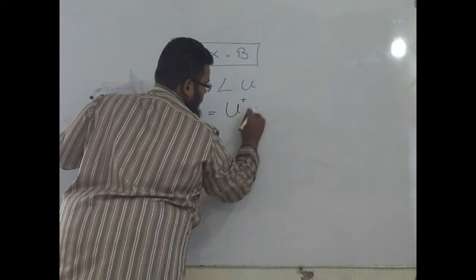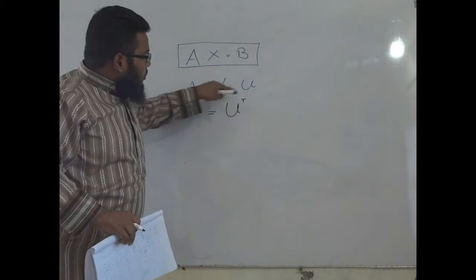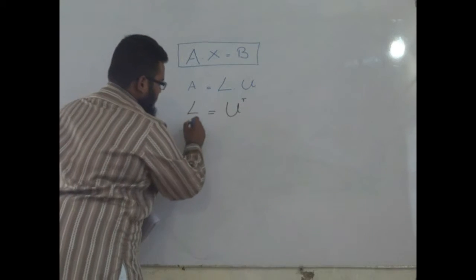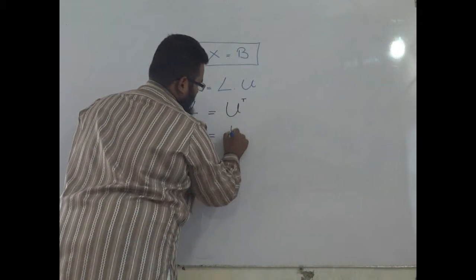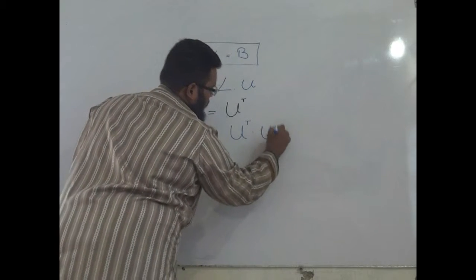Now in the above equation where A is equal to L into U, we are going to replace it. It will become A is equal to U transpose into U.